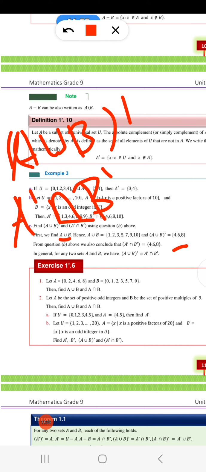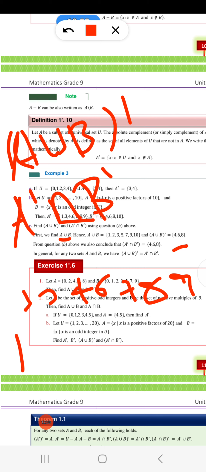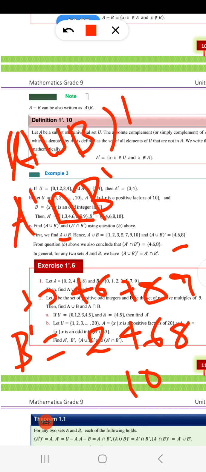A prime takka 3 4 6 7 8 9 warreen kun A prime keessa kan hin jirre jechuudha. Akkasuma B prime B keessa kan hin jirre, B prime, B keessa kan hin jirre okay 2 4 6 8 fi 10.